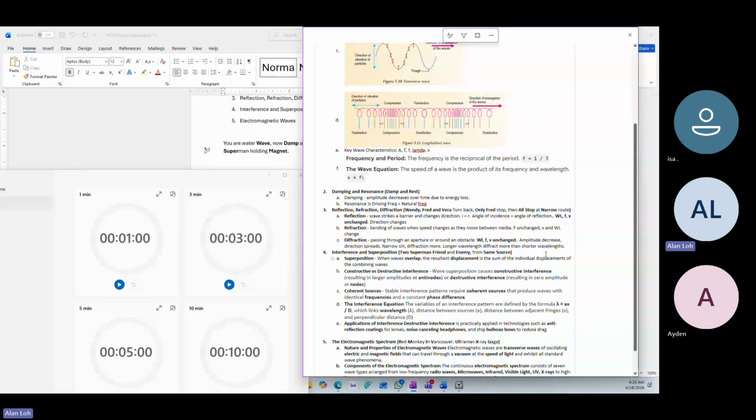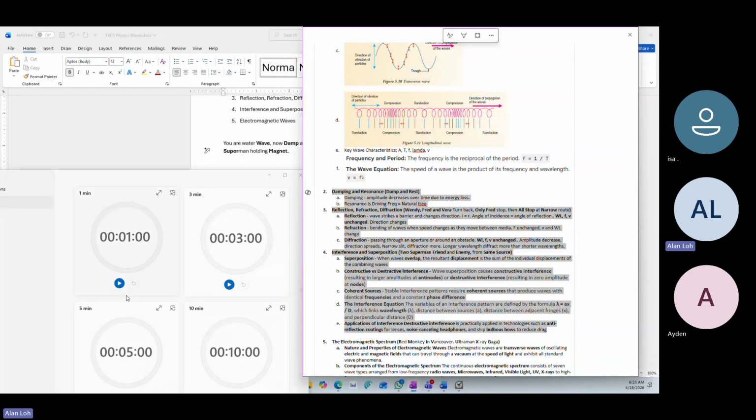Now let's quickly read. Let's say here, drawer 2, drawer 3, drawer 4 in 1 minute.